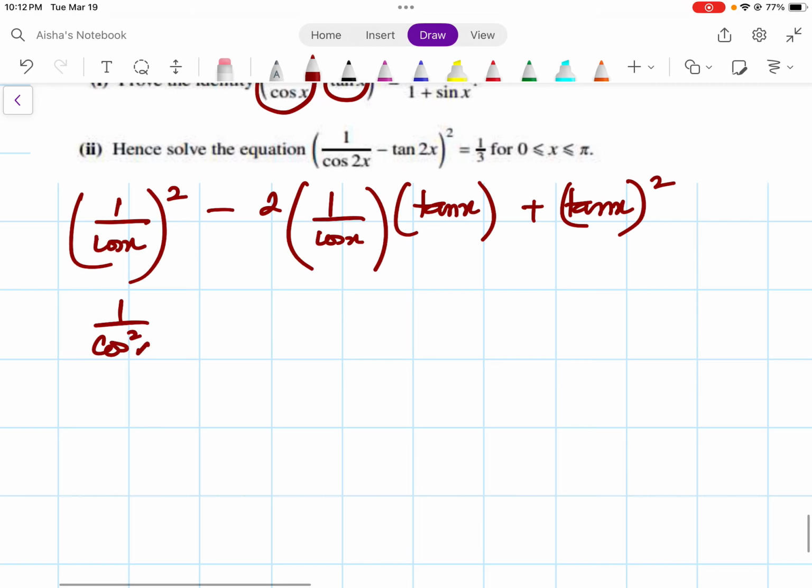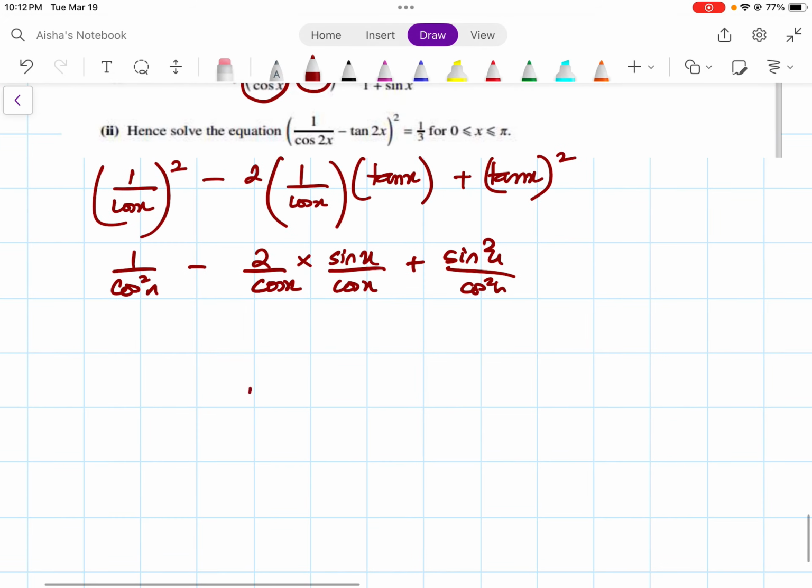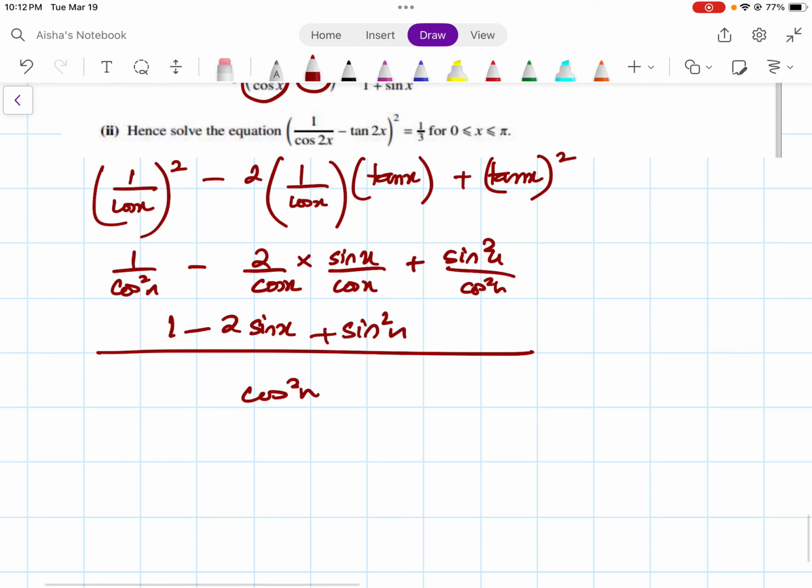One upon cos square x minus 2 upon cos x times tan x, that is sin x upon cos x, plus sine square x upon cos square x. There's a cos square in the entire denominator, so that will be the LCM. We can do middle term breakup in the numerator, so it will be 1 minus 2 and plus 1.